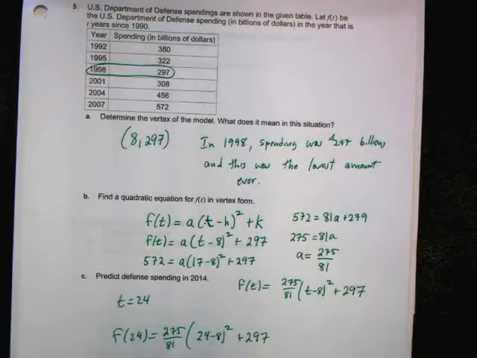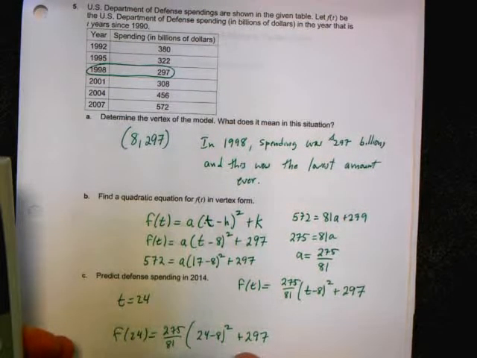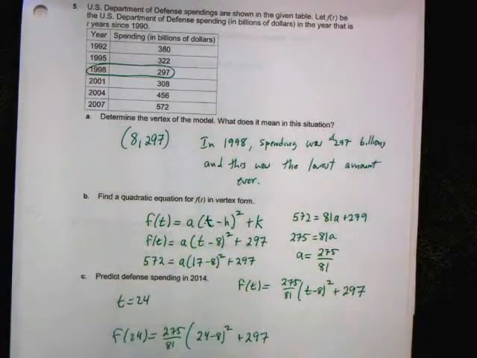I grabbed my calculator and I typed that up. And I get 1,166, rounding off to the nearest $1 billion. So last year, according to what we have here, we spent about $1,166 billion on defense spending.